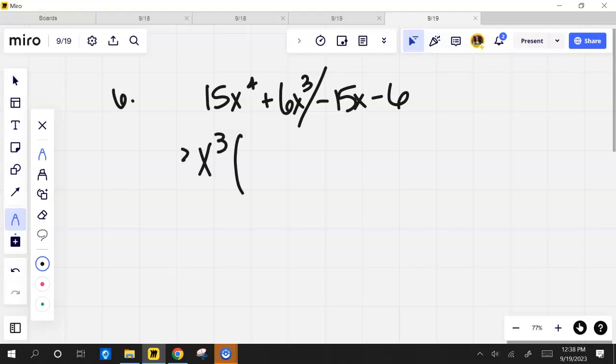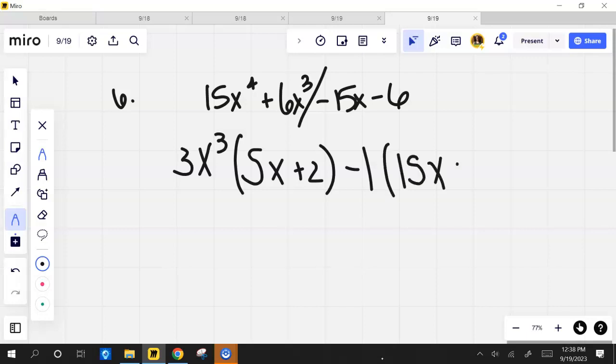Oh yeah. 3x and then 5x minus. How do I erase?